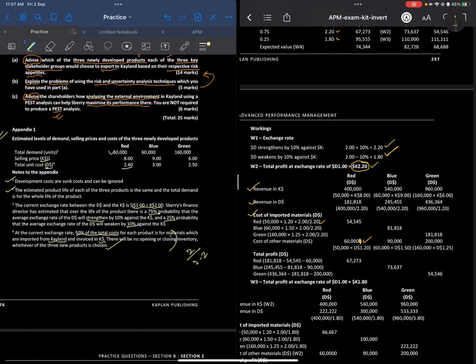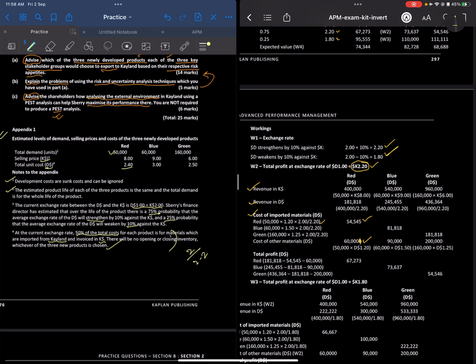That will be 0.95 something, right? So it's costing us that much less. You see over here, it would have been exactly 60,000 if the rate had been $2. But now, for the same unit, it's costing us only 54,000, because of this rate increase.